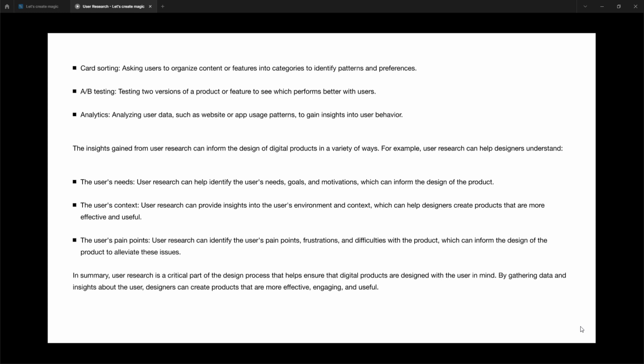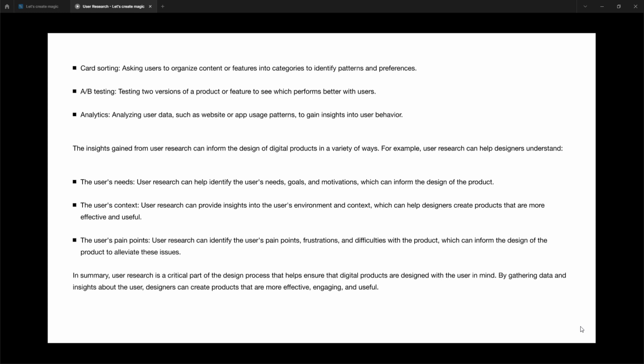So testing both of these functionalities, you can now arrive at a certain decision of which one works better than the other one based on the users. Analytics: analyzing user data such as website or app usage patterns to gain insights into user behavior.